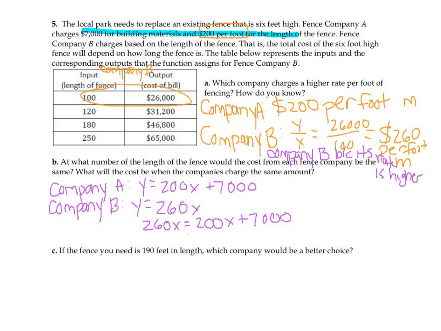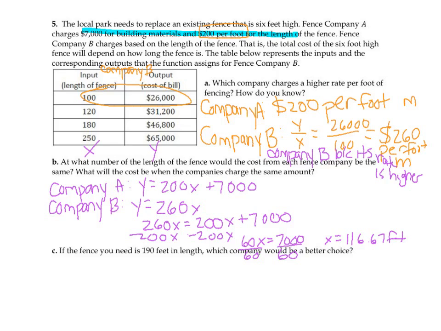Then we have to solve for x, so we can subtract 200x from both sides. And when we do that, we get 60x equals 7,000. And then we divide both sides by 60, and we get x equals 116.67 feet. And we know our x is feet because on our table, x's were the length of the fence and y's were the cost.